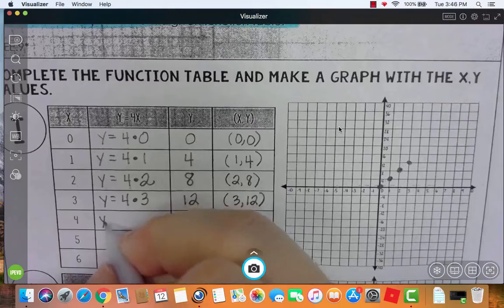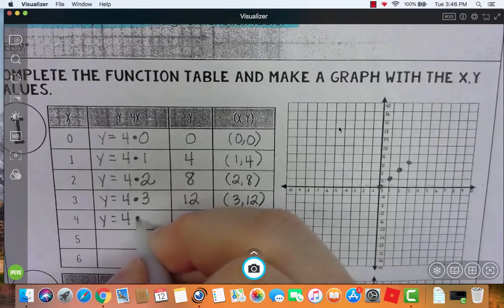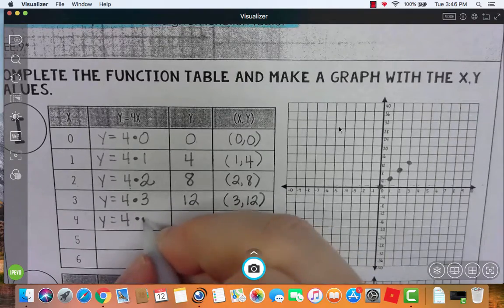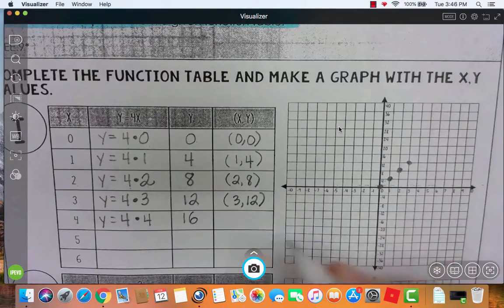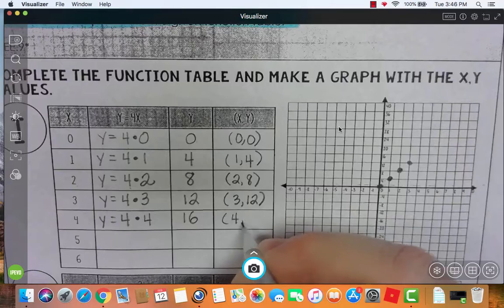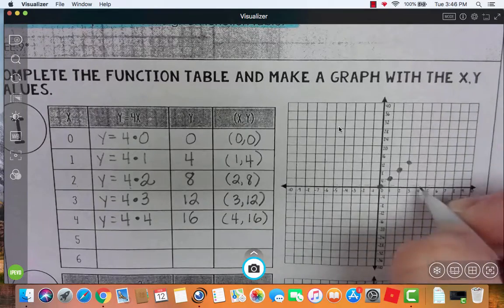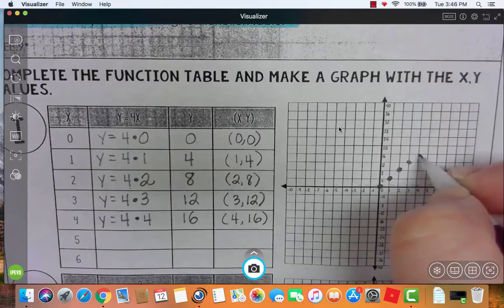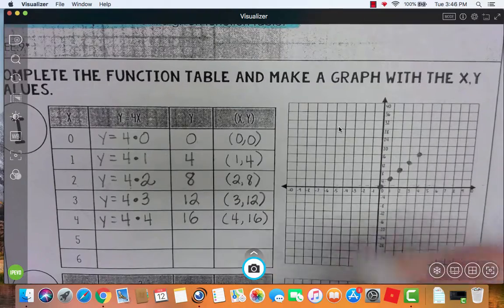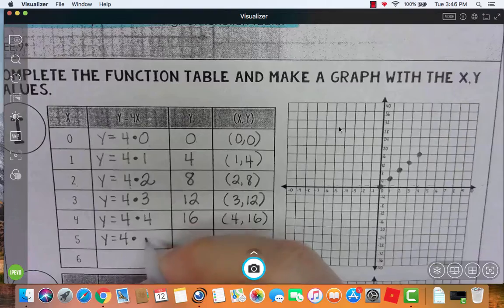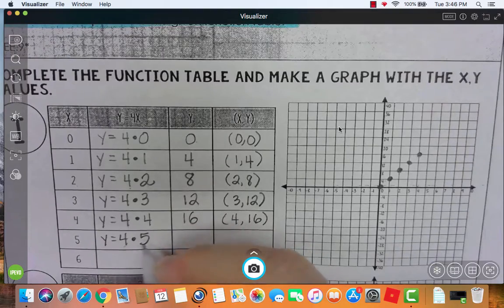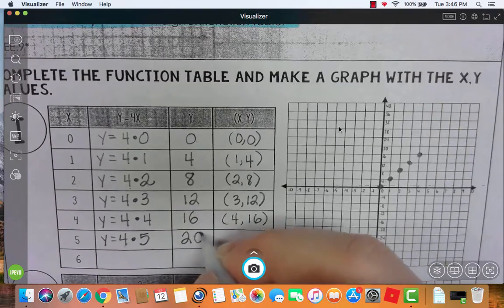Next one, y equals 4 times, what's my x? 4. 4 times 4 is 16. My ordered pair is 4, 16. Going over 4, up to 16. Next one, y equals 4 times 5. 4 times 5 we know is 20.